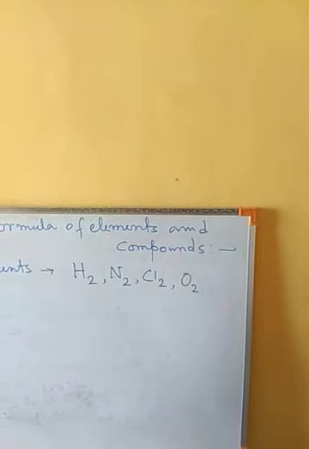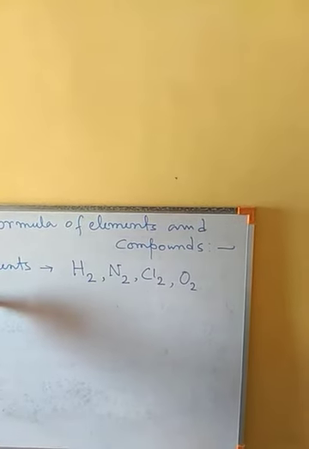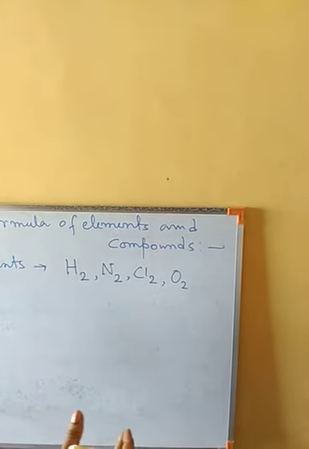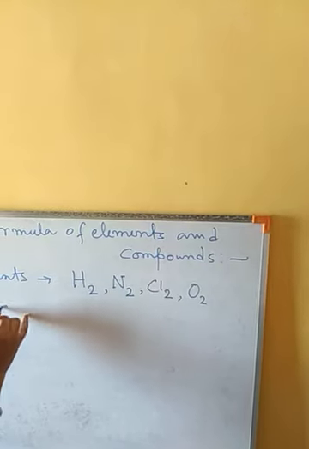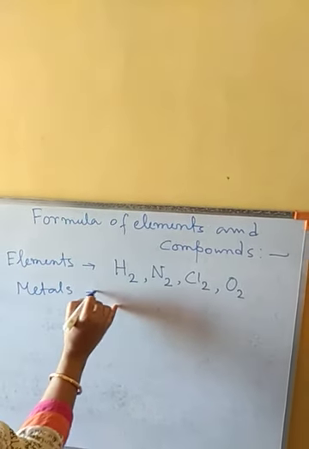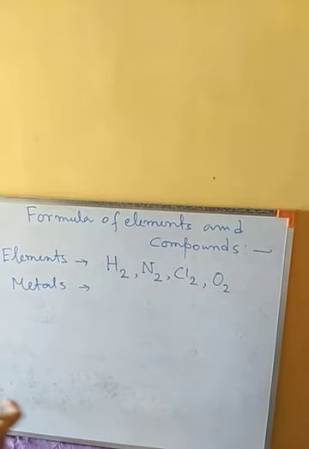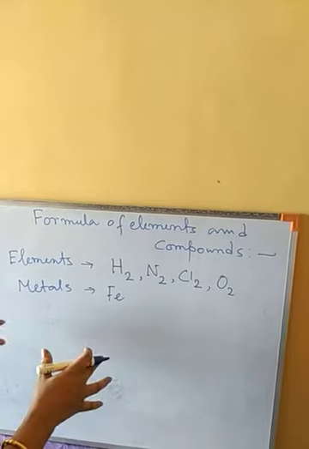Now, this is for the elements. If suppose metals, generally these are monoatomic, so in that manner only we are going to represent them. So iron, only the symbol we are going to write.